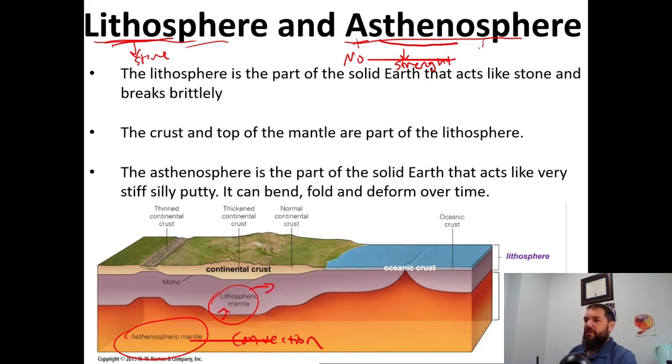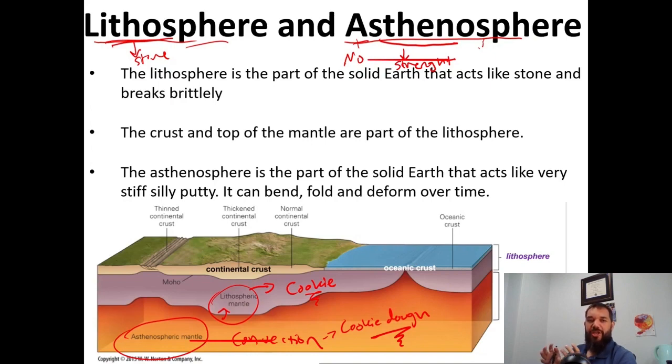Speaking of cookies, I think a really good way to understand this is that the lithospheric mantle, the lithosphere, is kind of like a baked cookie, and the asthenospheric mantle is kind of like cookie dough. The cookie dough is made of the same stuff as the cookie, the same composition. That's true of the lithospheric mantle versus the asthenospheric mantle. But the cookie dough is bendable and foldable.